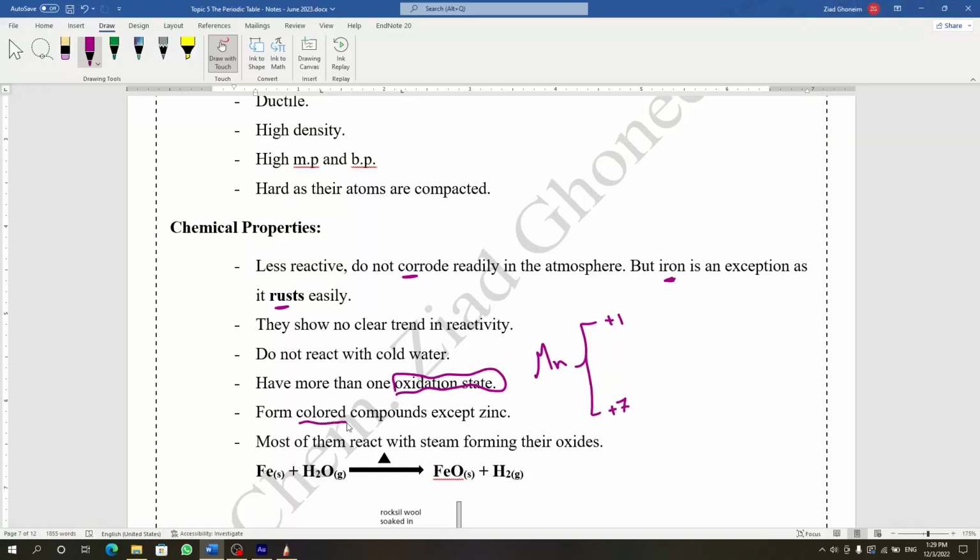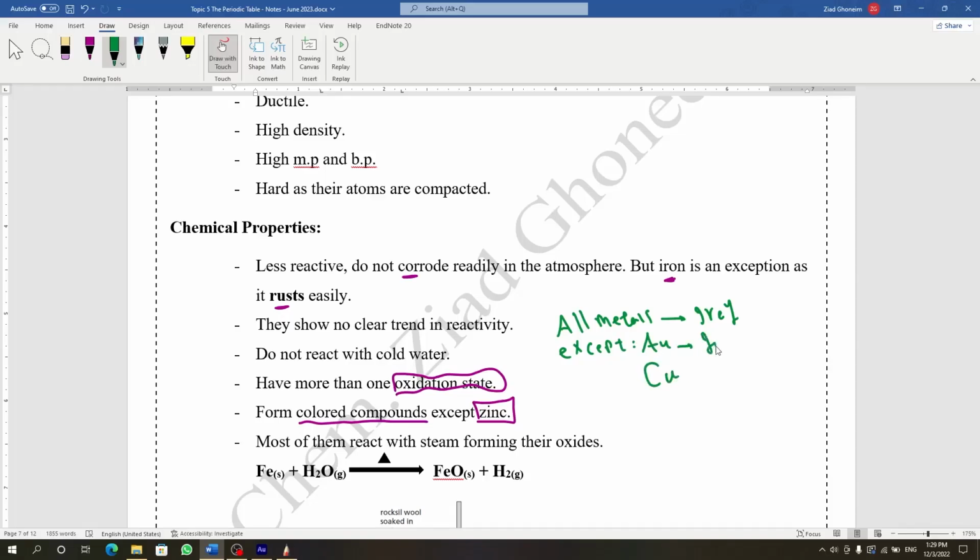They form colored compounds, which is very important as well, except for zinc. Zinc does not form colored compounds. Now, just to get over the whole colored compounds thing, I need you to note that all metals, actually, let's start just with the metals. All metals have the same color, which is gray, except for two metals, which are gold, Au, and copper, Cu.